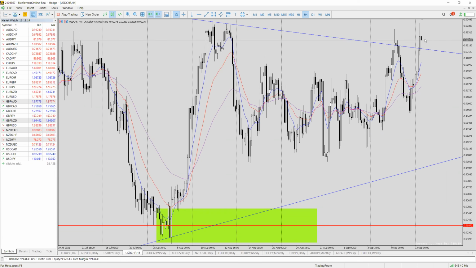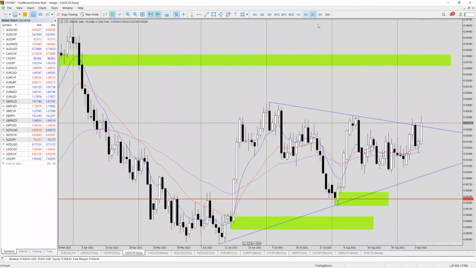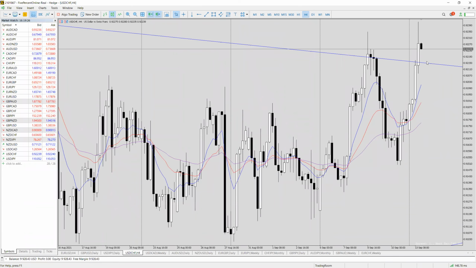But then a retest would be coming back to this trend line, closing above it, even if it goes below, but closes above it and then starts going up, then for me, that's a perfect retest.